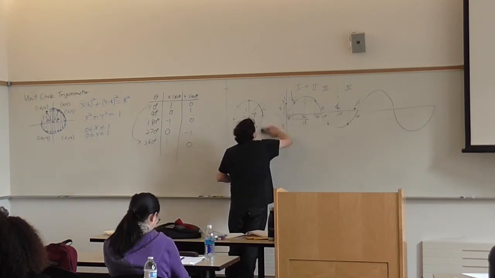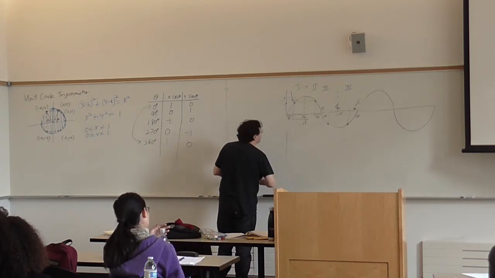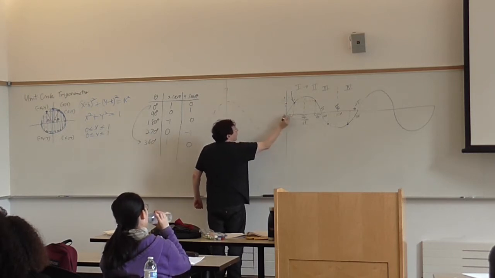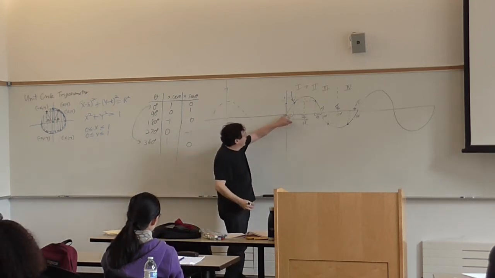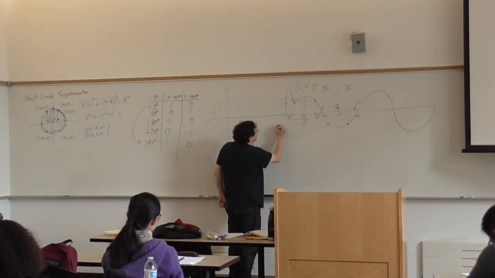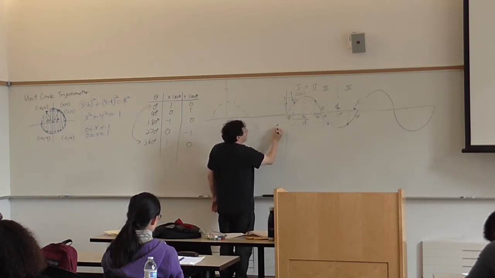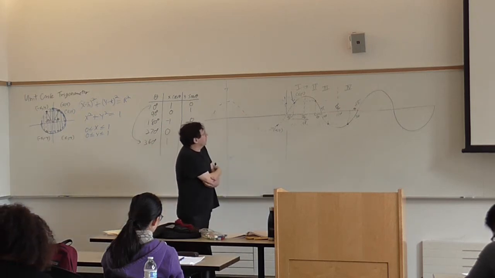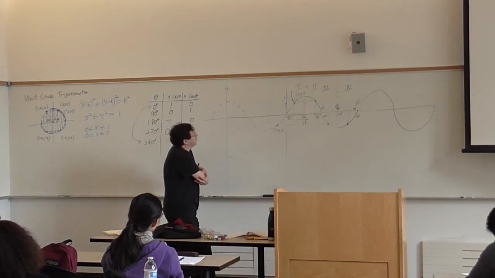If I were to go in the other direction, now I'm going negative angle here, you may notice something about the points over here. This is x and y. This is going to be negative x and y. Anybody see something? I guess that's not so visible in this picture.